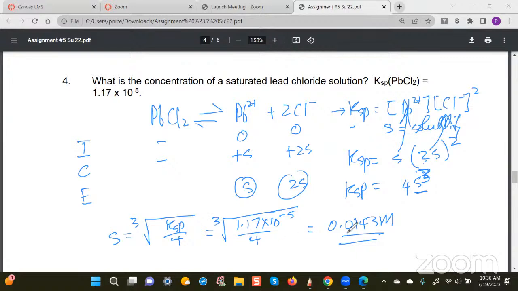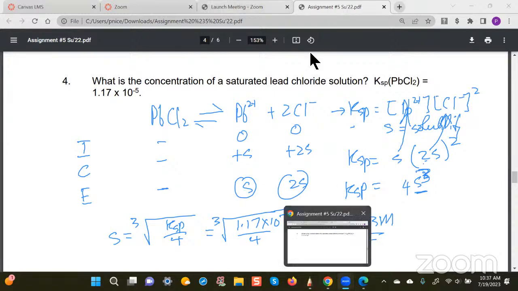And that's the answer. I don't know if I mentioned this before, but I have provided in Canvas a table which gives a list of the solubility products of a wide variety of substances. Let me show you where that is located.